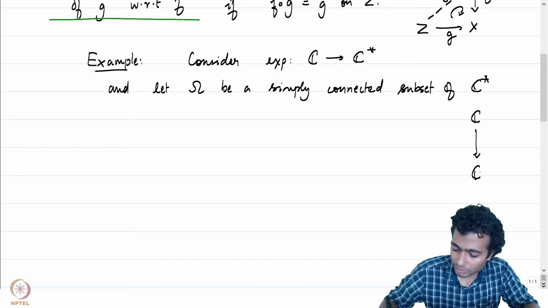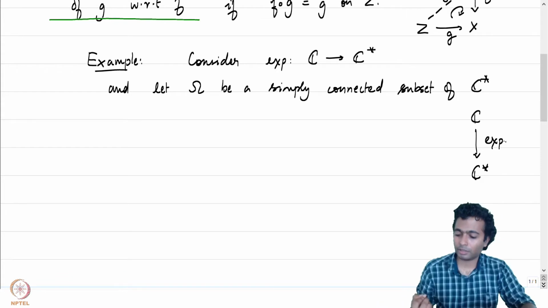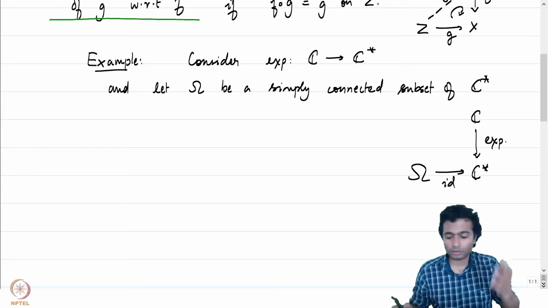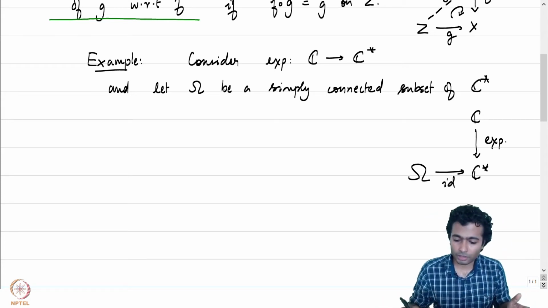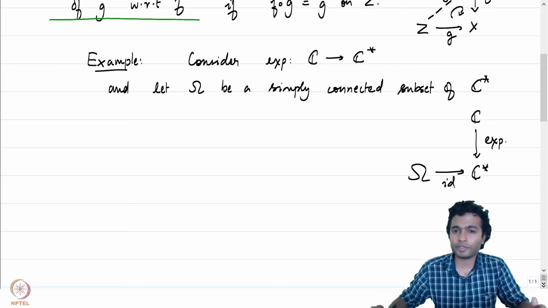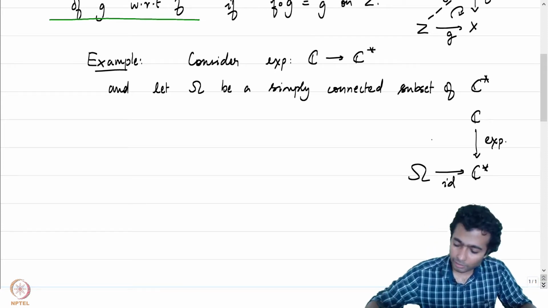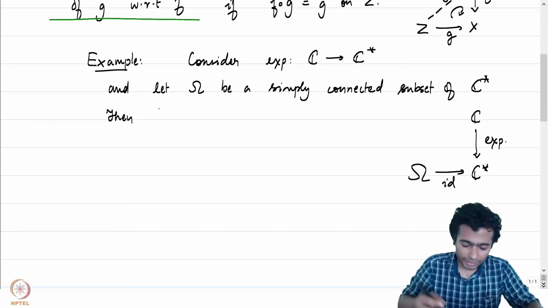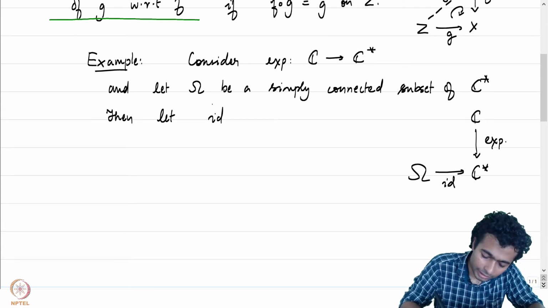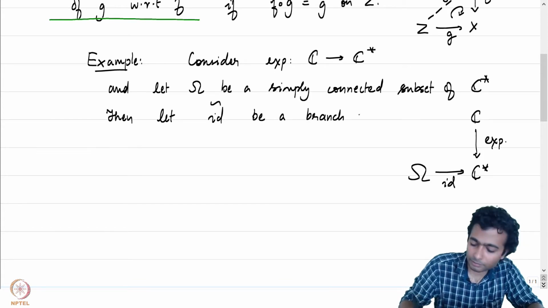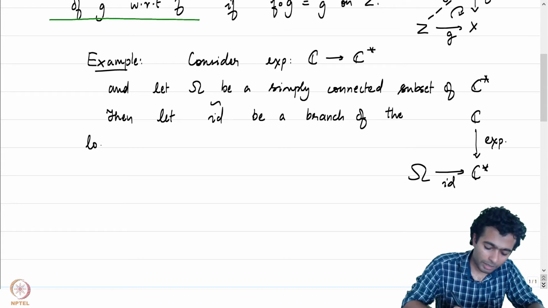So the picture is going to be now like this. There is C here, there is C star here, and the map here is exp. And if you look at omega, which is a simply connected open connected subset of C star, you have the identity map, which is the inclusion map. Then let f, oh I have already taken f, so let's call it identity tilde just to be consistent with the notation, be a branch of the logarithm which is holomorphic on omega.